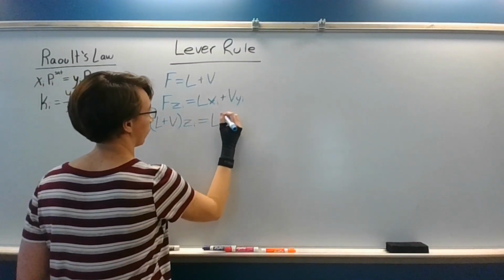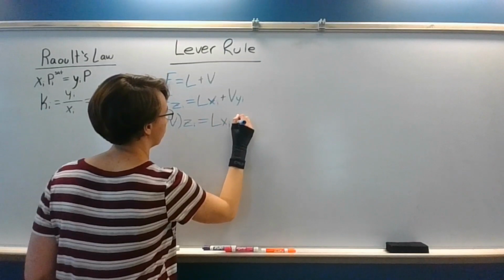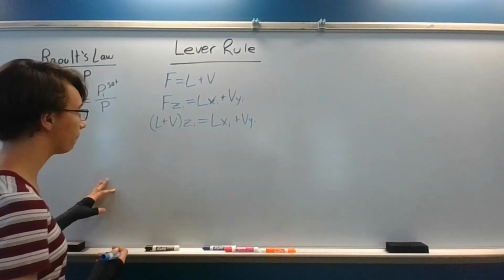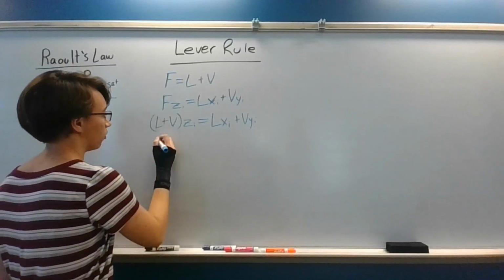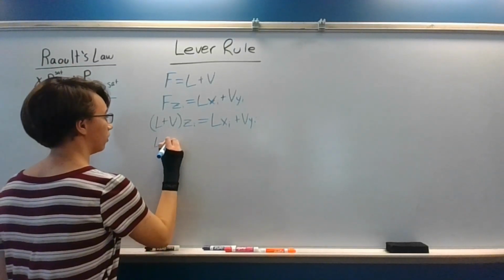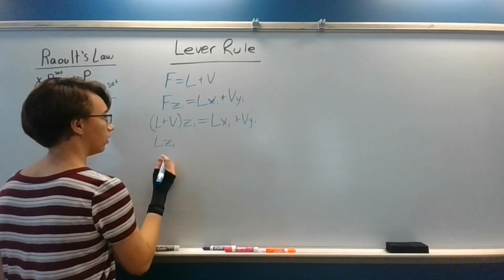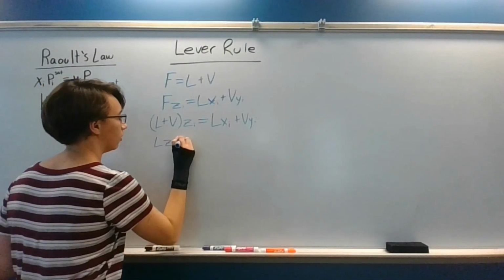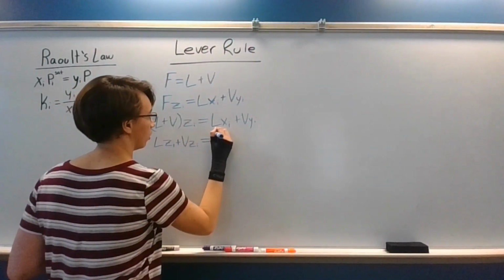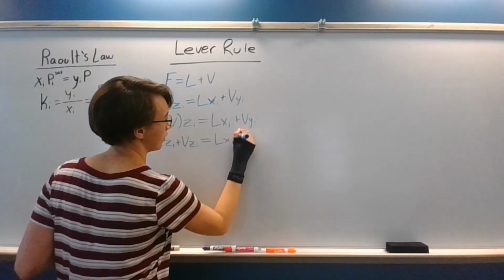And then our right side will stay the same. All right, so then factor this out. So we'll have moles of liquid times the mole fraction in the feed plus moles of vapor times mole fraction in feed. And again, the right side's going to stay the same.